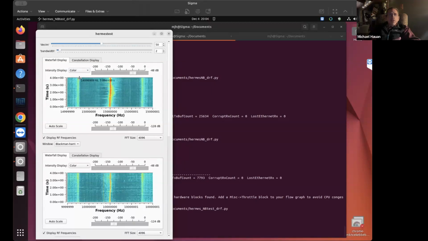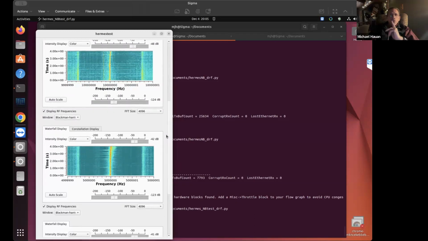And this is a sort of test GNU radio block diagram I'm running that is showing a narrow frequency range from right to left around the center frequency on each of those.